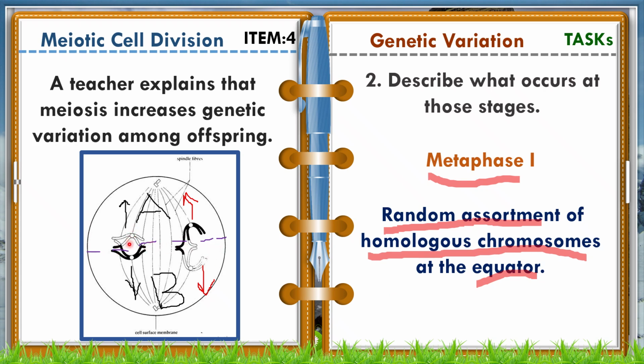So because of that arrangement, that is the one which is going to bring about variation among the offspring, because they are different arrangements of homologous chromosomes. They assort themselves independently, or what we refer to as random assortment.